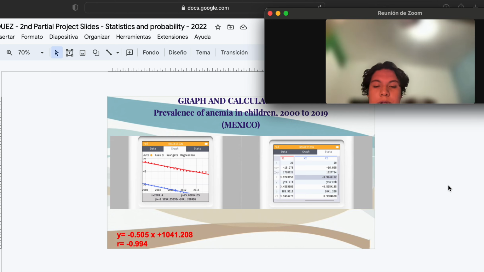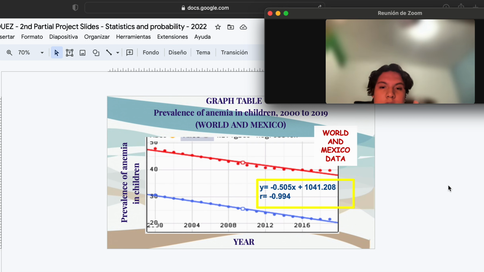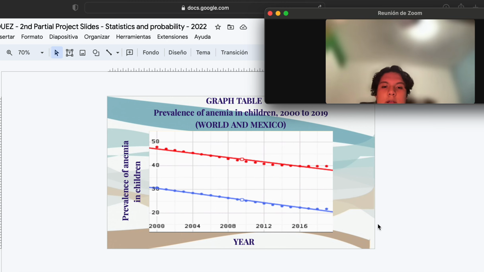My linear equation is y equals minus 0.505x plus 1041.2008, and my regression coefficient is minus 0.994. Then I took a screenshot to see it better, and here I have a better screenshot of this graph to see the equation and coefficient.